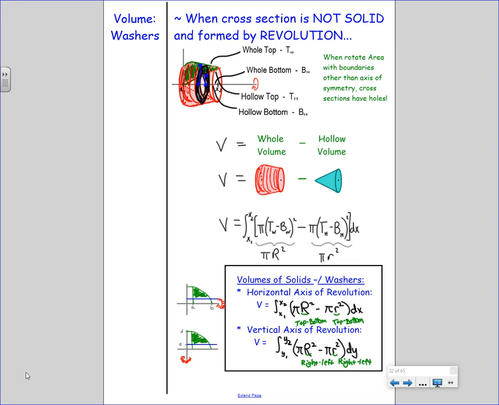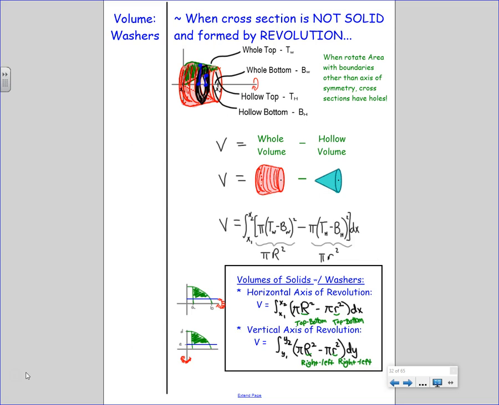Hence why I have the hollow top and the hollow bottom. So I have two different subtractions. I have two different pi r squareds. Yes, you can bring the pi out if you want, but you still need two different top minus bottoms, and that's only if you are rotating around a horizontal axis. Because a horizontal axis will have a horizontal depth, which means dx.